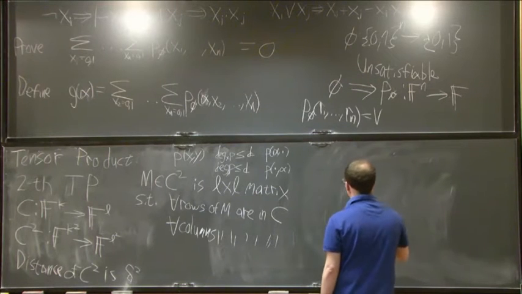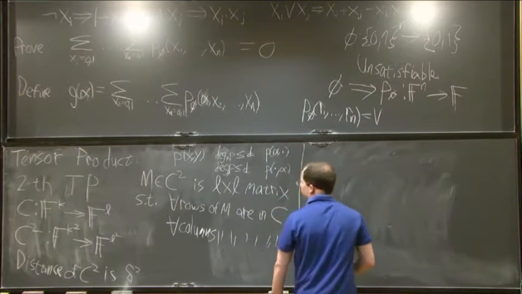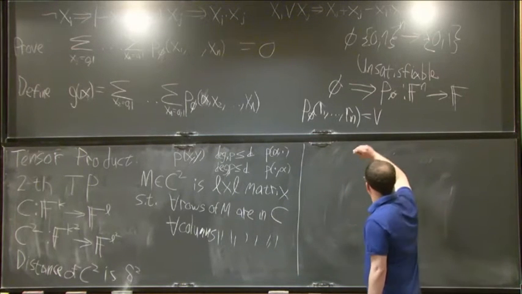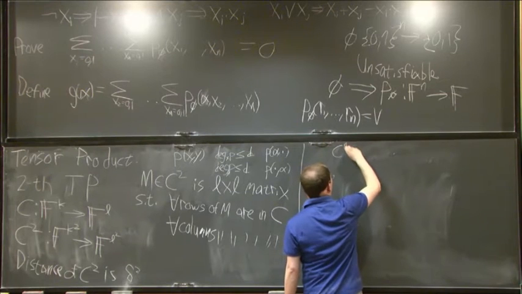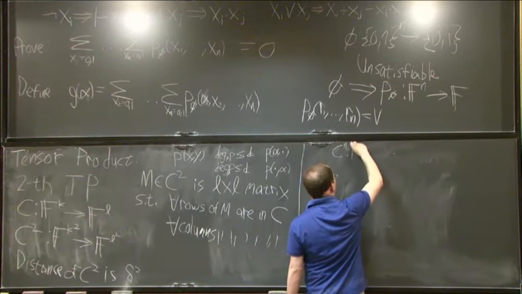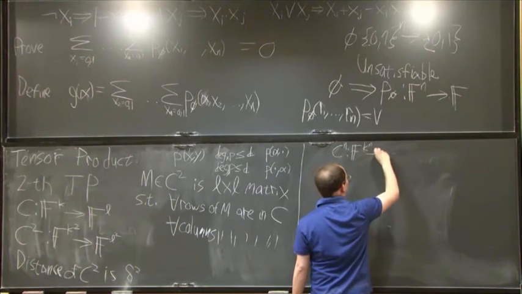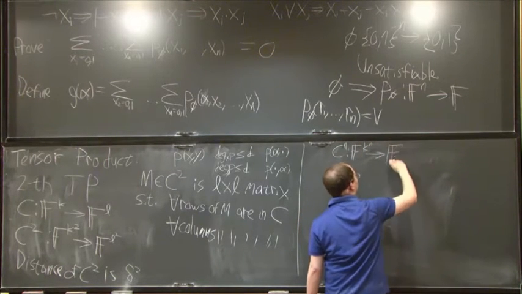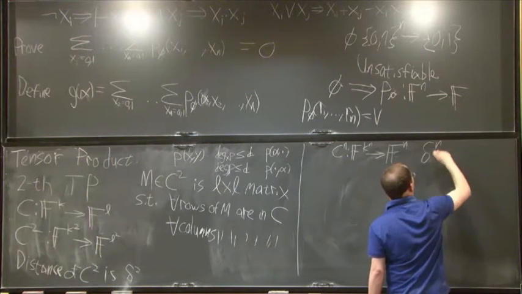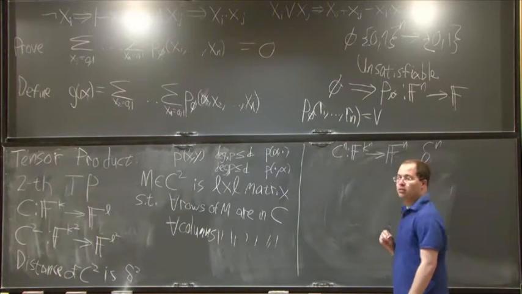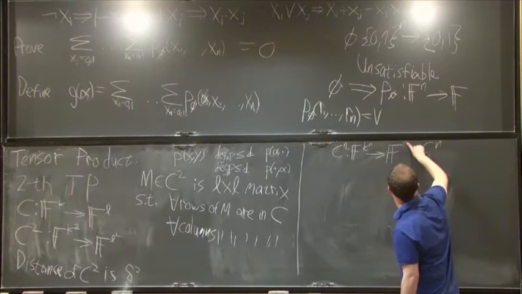In general, let's define the general tensor product. So C to the n maps messages of length k to the n to code words of length l to the n, and has distance delta to the n.